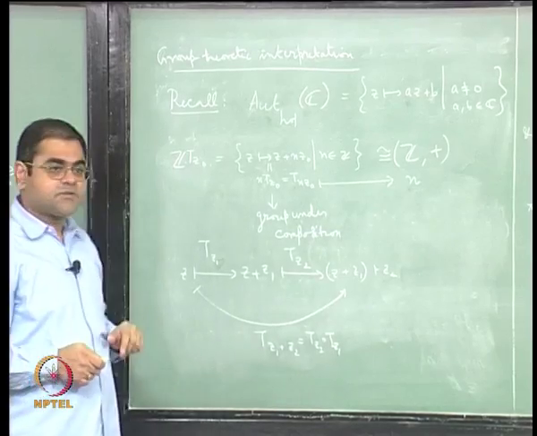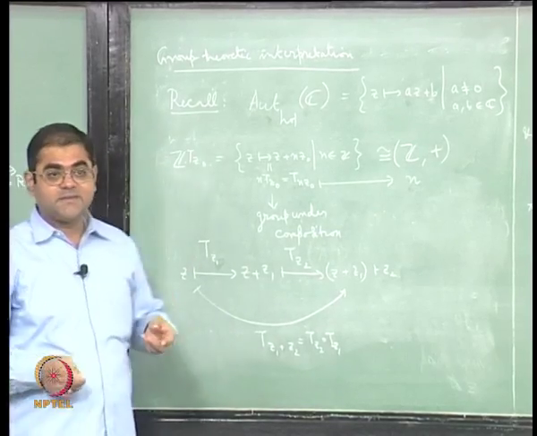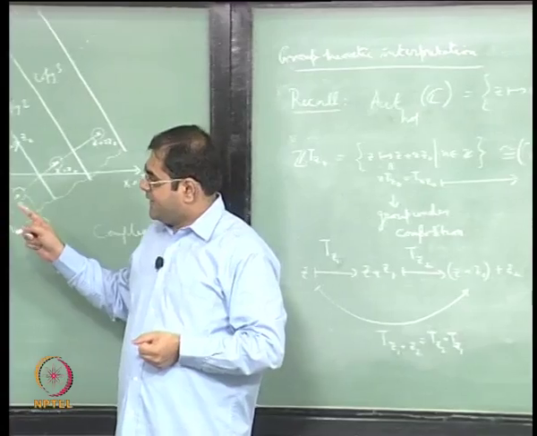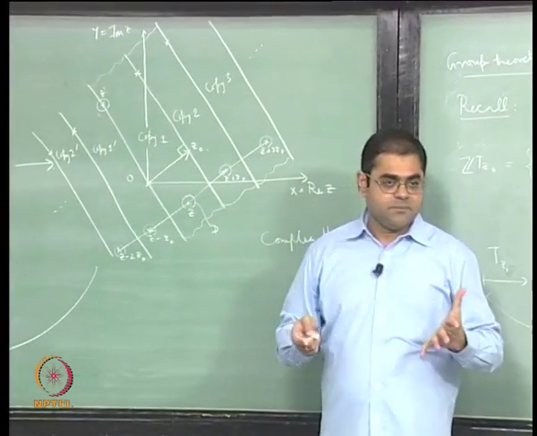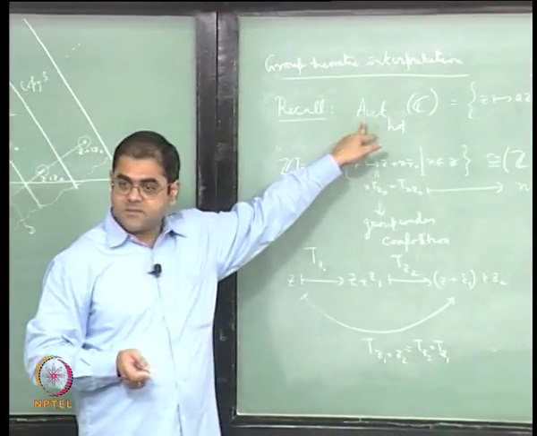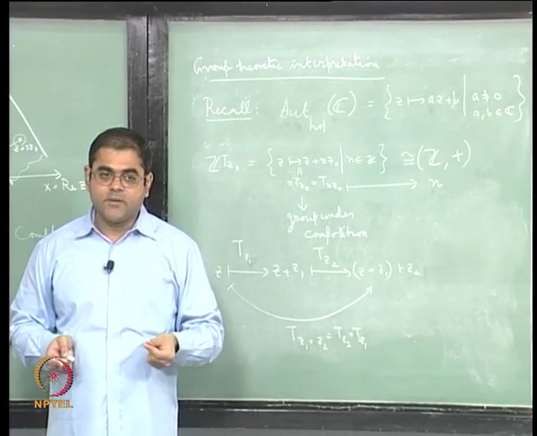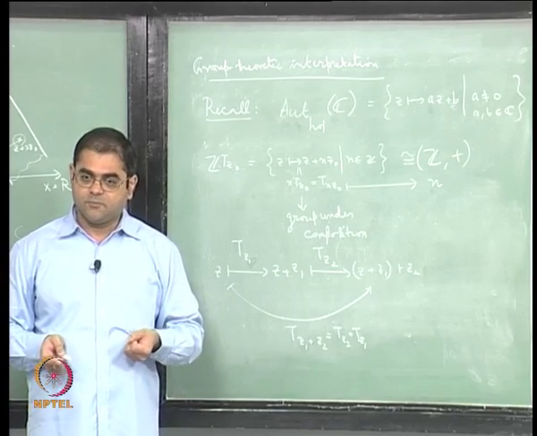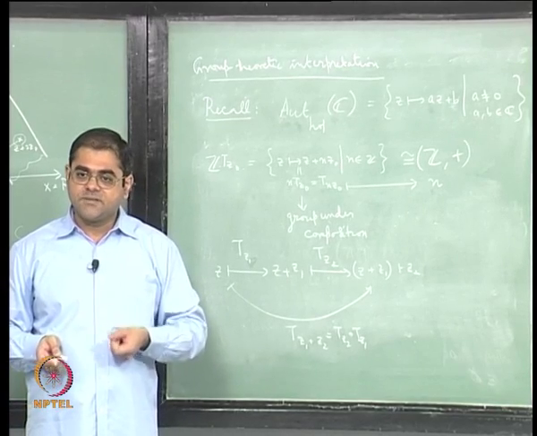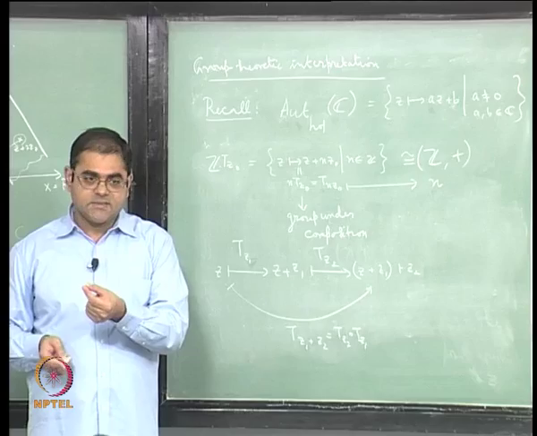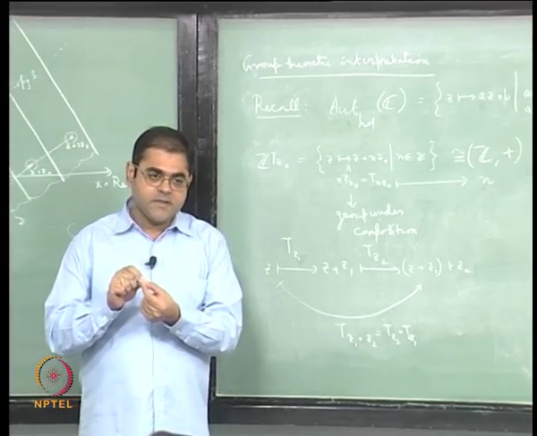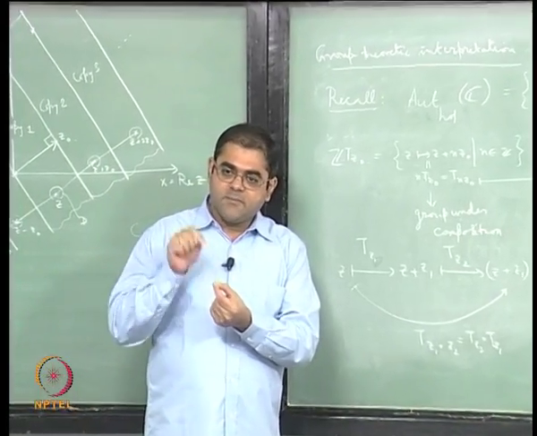So the moral of the story is that I am looking at the translations as a group, a subgroup of automorphisms of the complex plane. Whenever a group acts on a set, we can talk about the orbits of the group. Given any point of the set, you look at all the points you get by applying elements of the group.